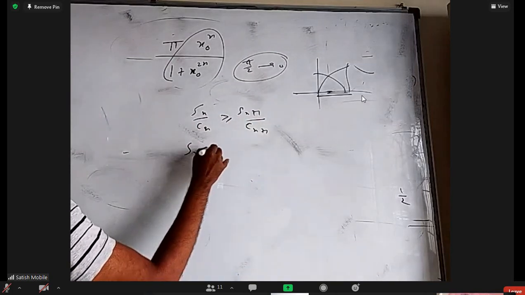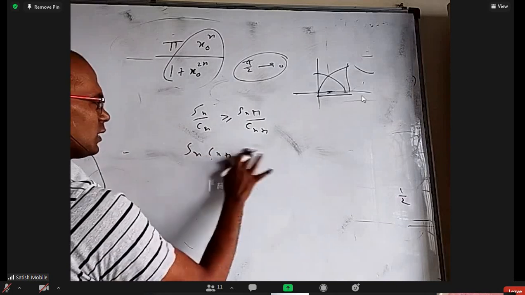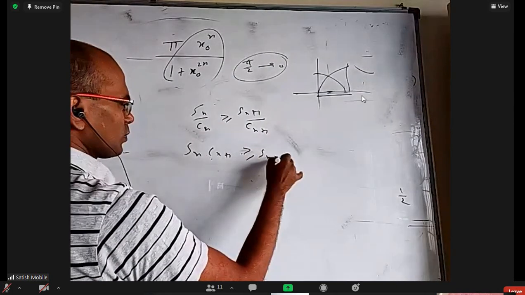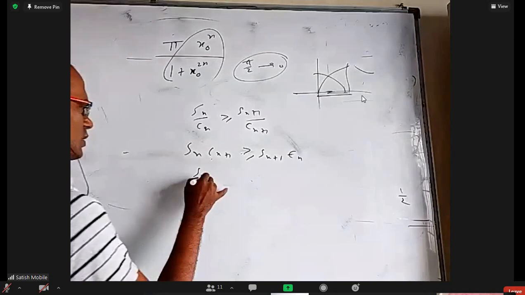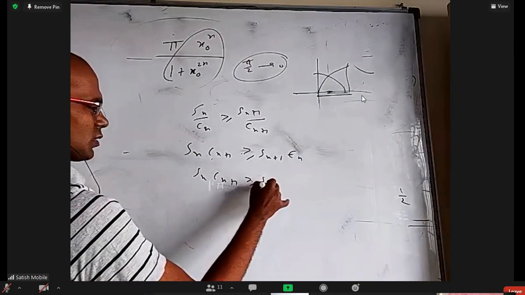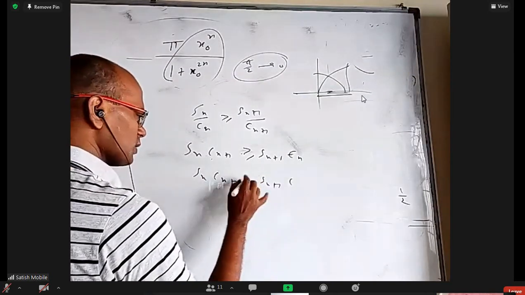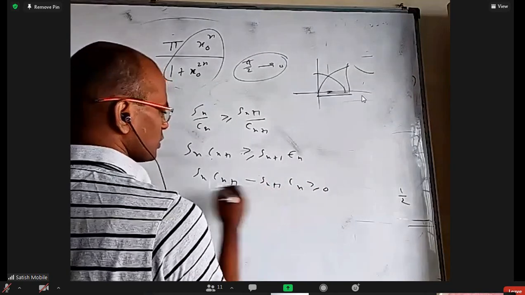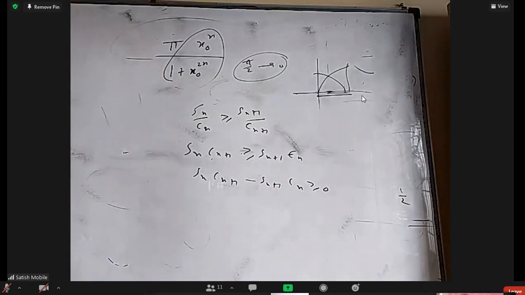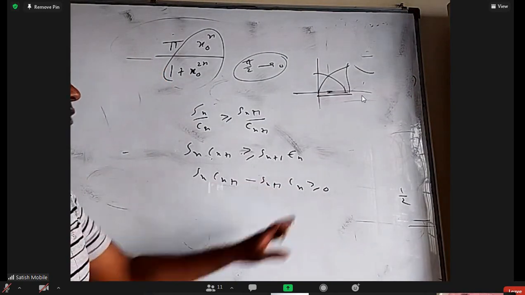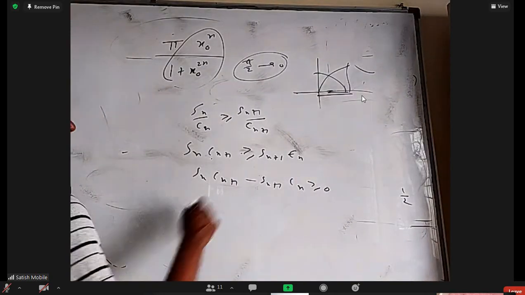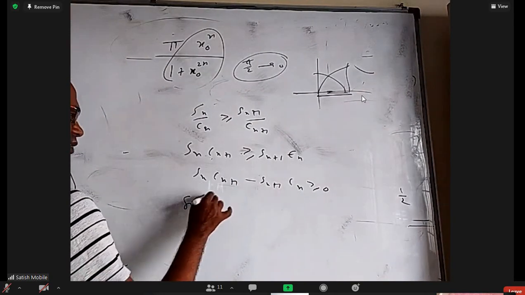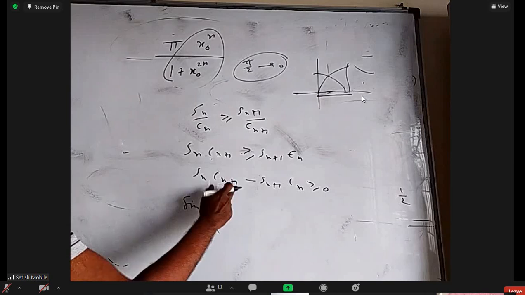We do cross multiplication: Sn into Cn plus 1 greater than or equal to Sn plus 1 into Cn. That is, Sn into Cn plus 1 minus Sn plus 1 into Cn greater than or equal to 0. That's sufficient. This is sin A cos B minus cos A sin B, which is sin of A minus B. So it is the sine of whatever the angle is.